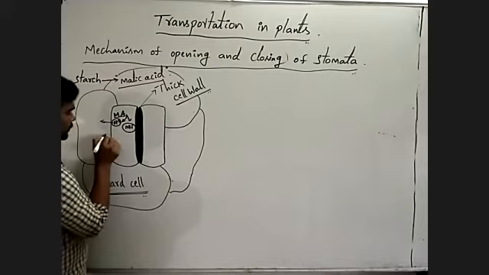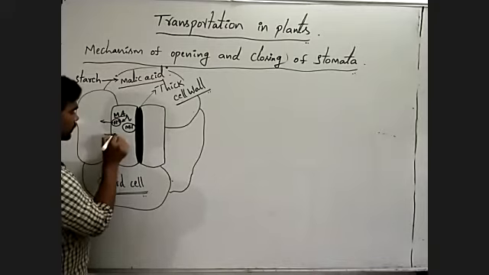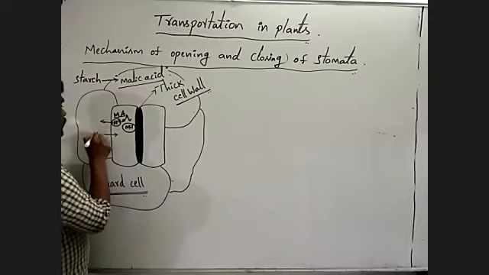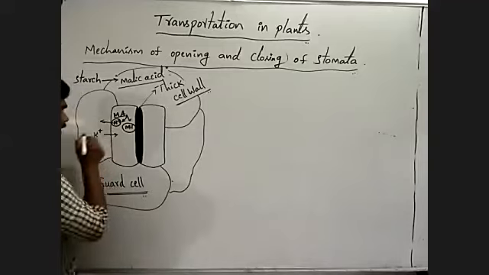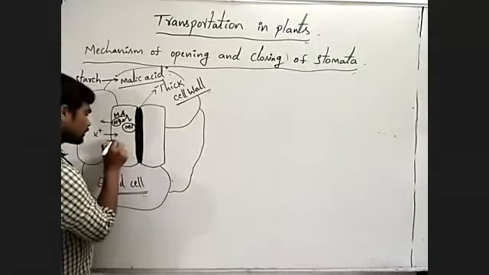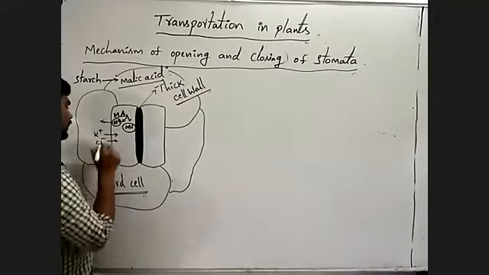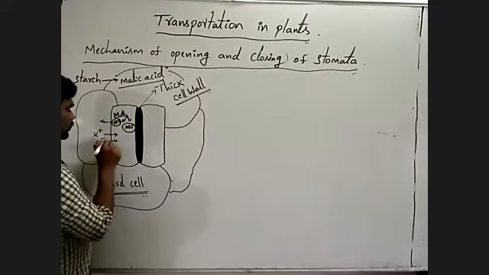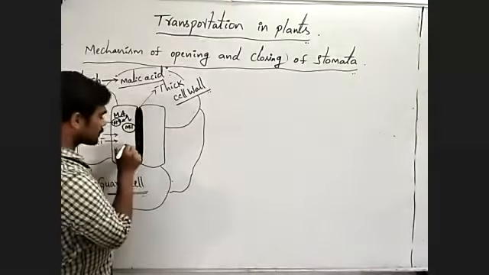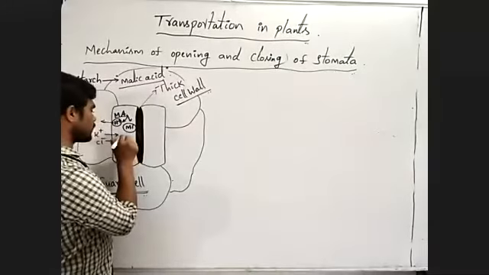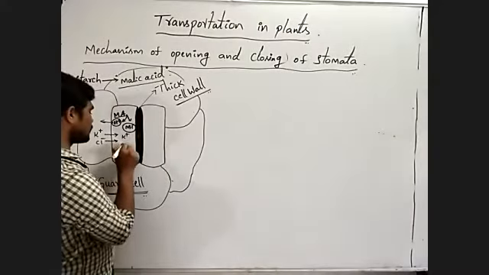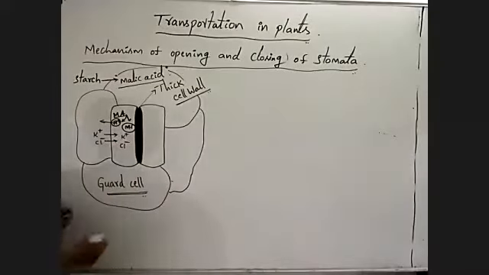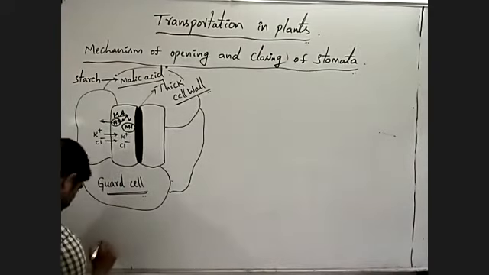Simultaneously, listen carefully, potassium ions along with chloride ions, these two types of ions are transported into the guard cell. This is actually during the daytime. When? During the daytime.